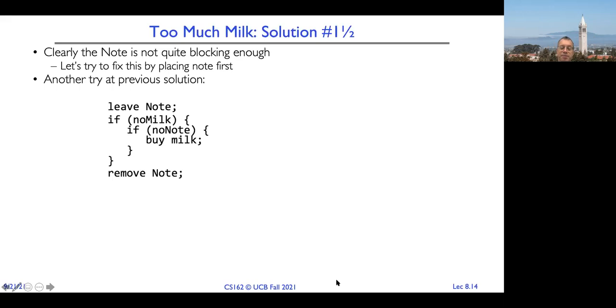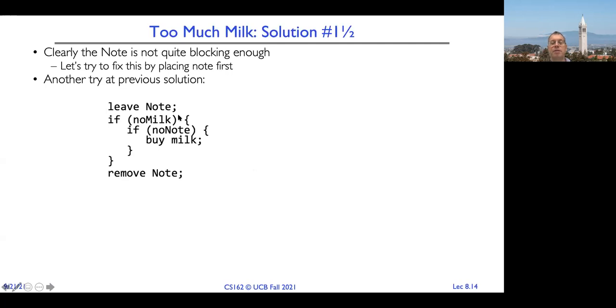Any problem with this code? Yes, actually this is a pretty stupid code, because if you leave the note here, then if no note will always be false and no one will buy milk, right?